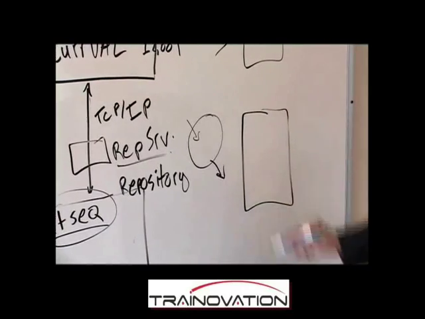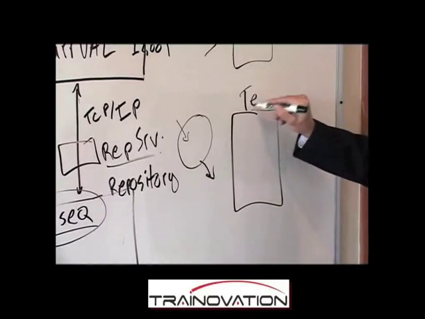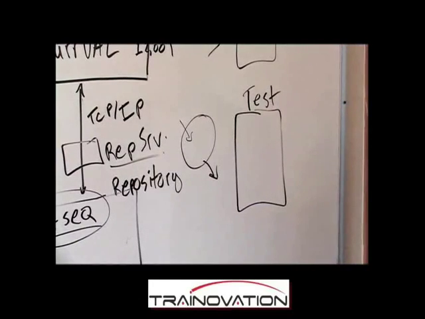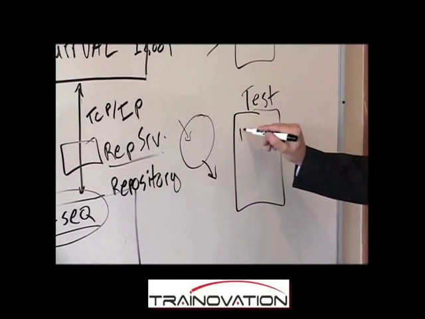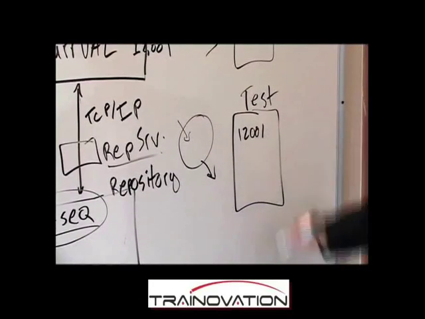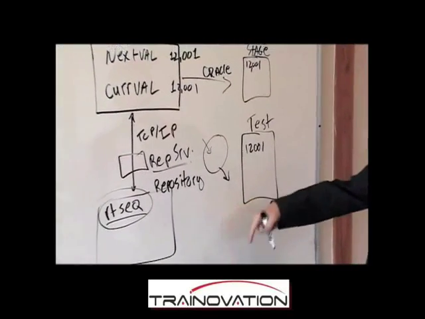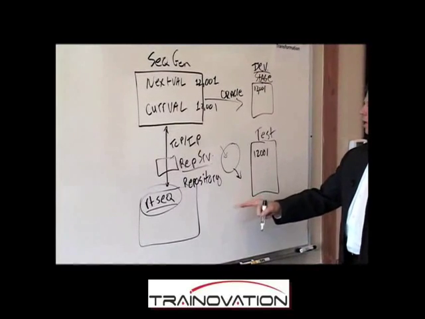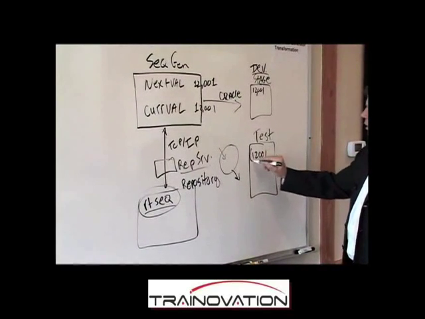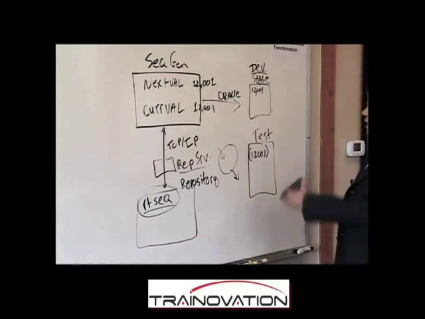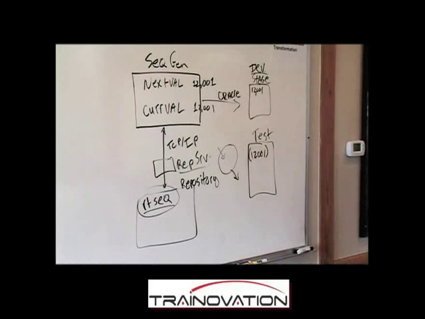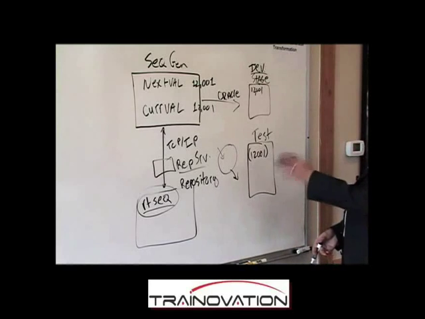Let's say in test, you have a row with 12,001 already out there. You move this mapping over to the test environment, you run it, and it fails. Why does it fail? Well, because this is supposed to be unique, and the database says, I've already got that number. So, duplicate sequence numbers. You've got to be careful about all these issues of using sequence numbers.